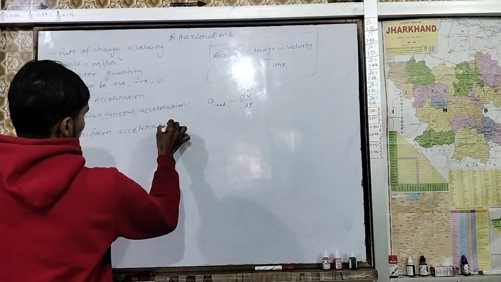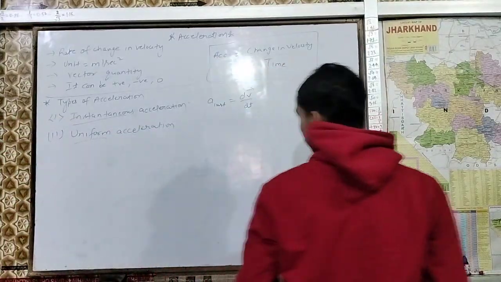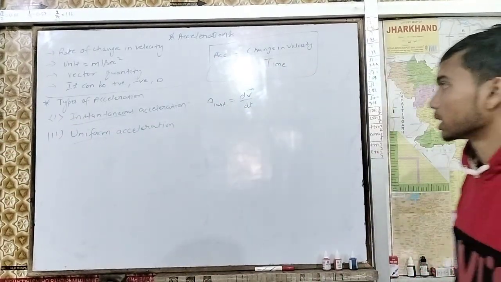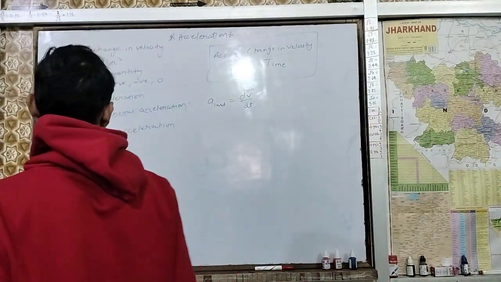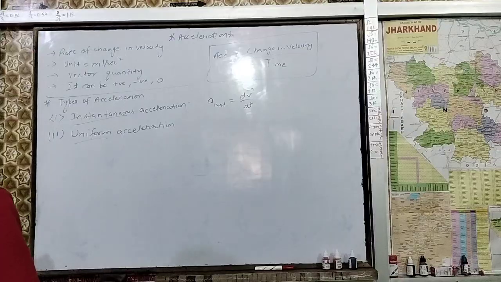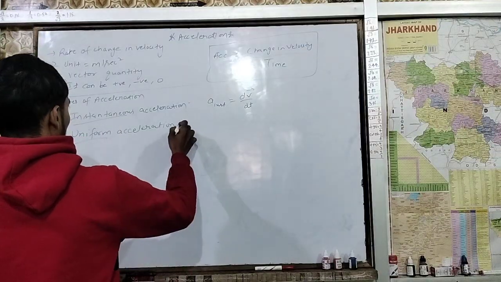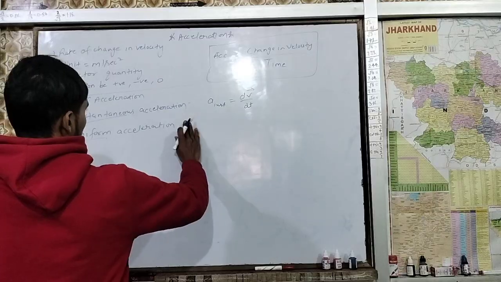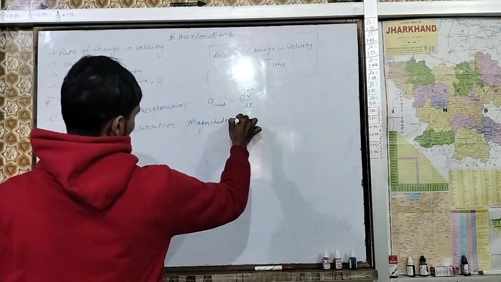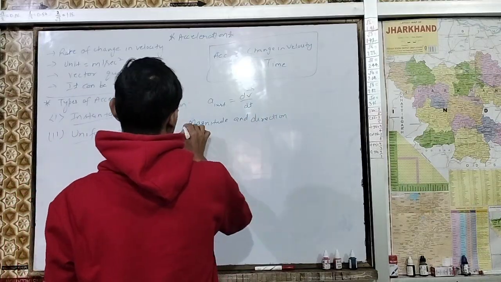Uniform means equal: the acceleration is equal, so there is no change in it. Both the magnitude and the direction will be the same.